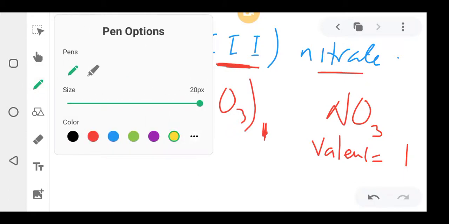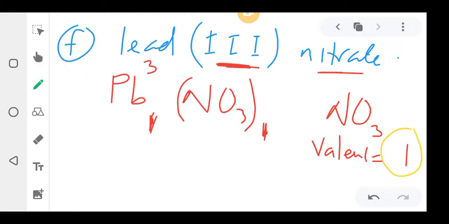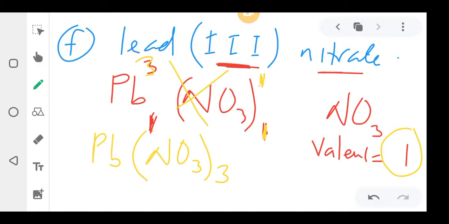It's 1, so on top there I'll put 1. Here lead it's 3. Then I cross multiply. So it will be lead 1 times 1 is 1, NO3 in brackets. This 3 here times this 1 this side will be 3 outside the bracket. So this is lead, NO3 in brackets, 3: lead nitrate.